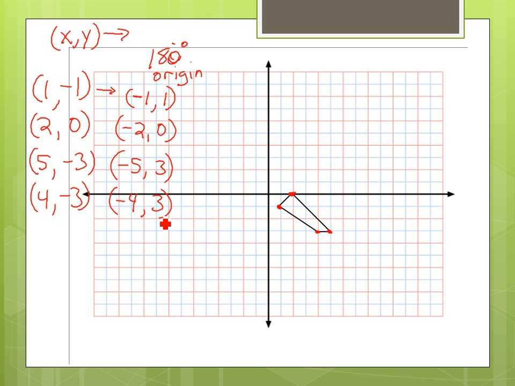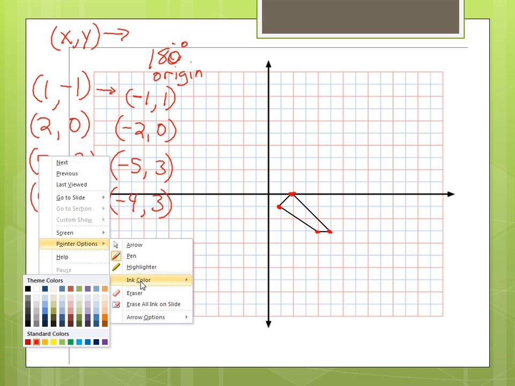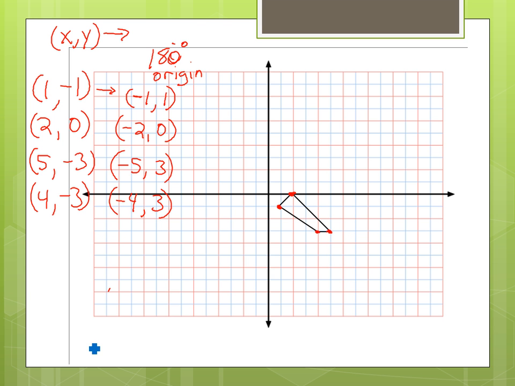We graph those. I should have done them in a different color when I did those, but we'll change the color here. Let's go with blue. So we want (-1, 1), that's going to be right there. (-2, 0) is going to be right there. (-5, 3) is going to be here.